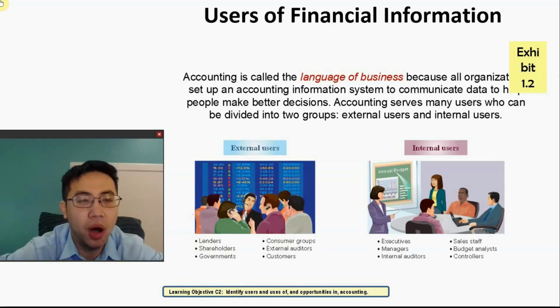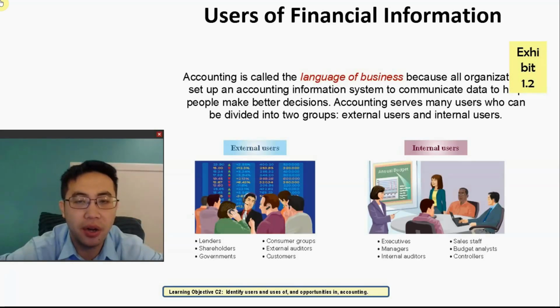You also have the government, which always checks the business and makes sure the business is legit and no crimes are going on. The government also charges taxes on the company's profit. You also have consumer groups who are essential for the company to make a profit. You also have external auditors, and external and internal auditors' jobs are basically the same. They examine the accounting of the company to make sure there's no fraud, no error, no mistake.